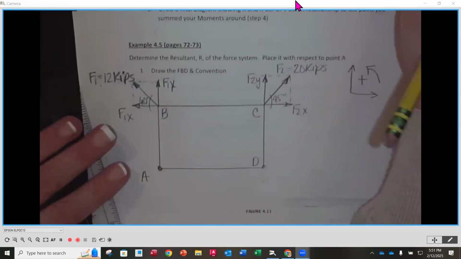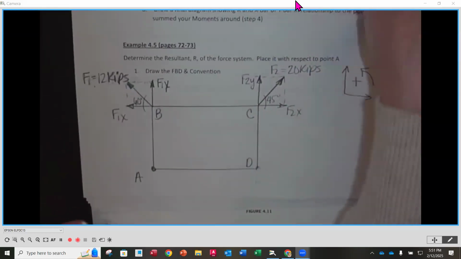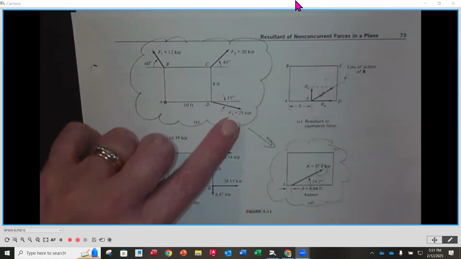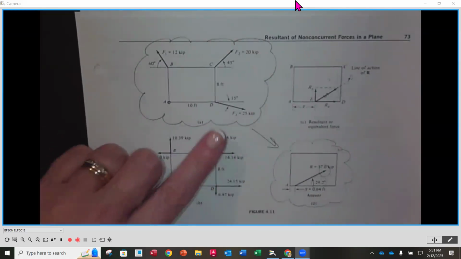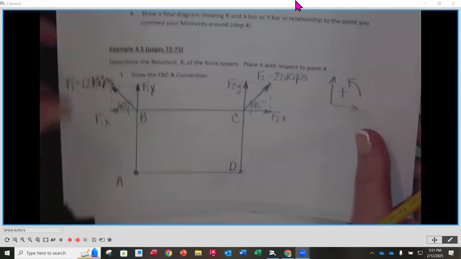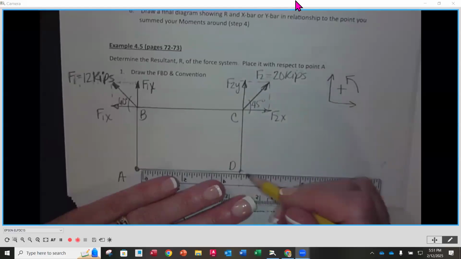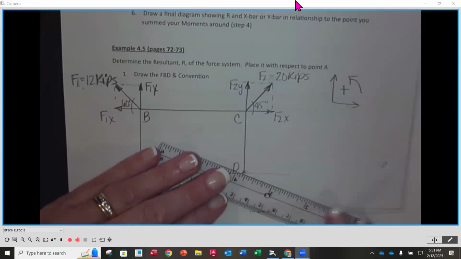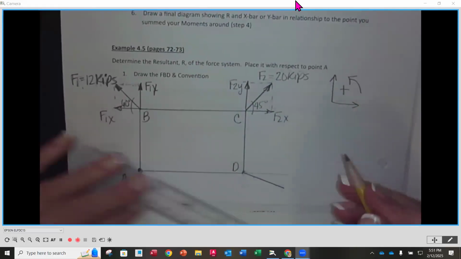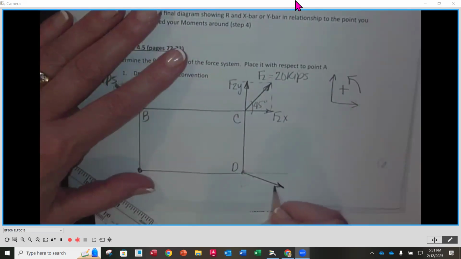And then lastly at D, we have 25 kips going down and to the right, and it's 15 degrees from horizontal, and that's being referred to as F3. So I'm going to draw a little horizontal line there. This is going to be 25 kips.